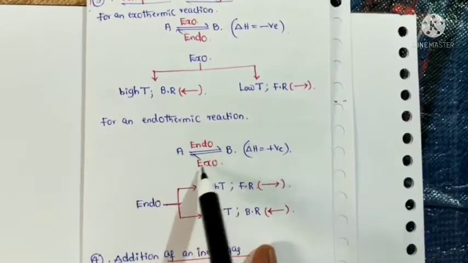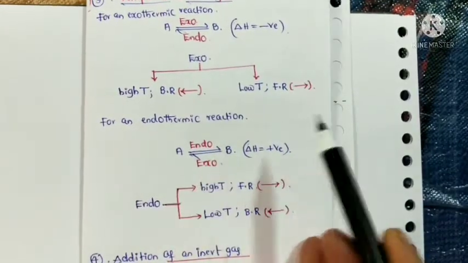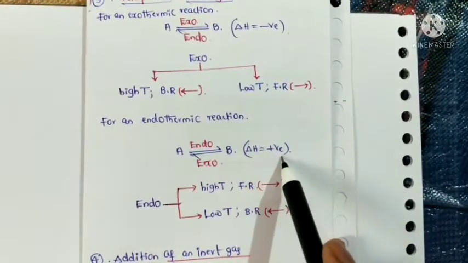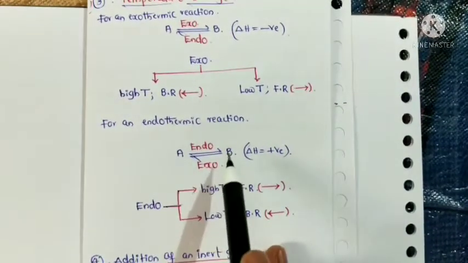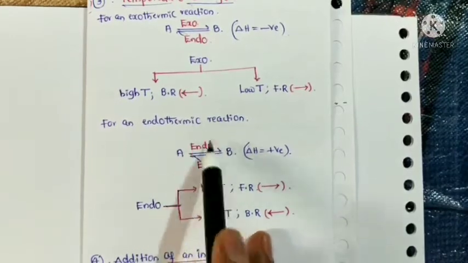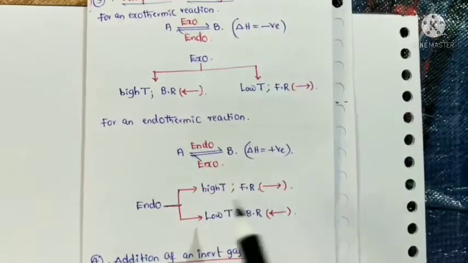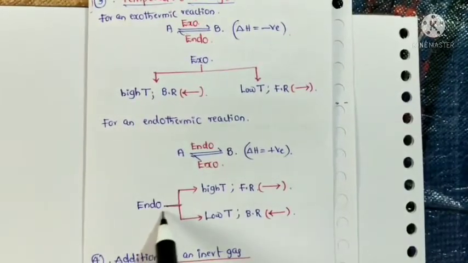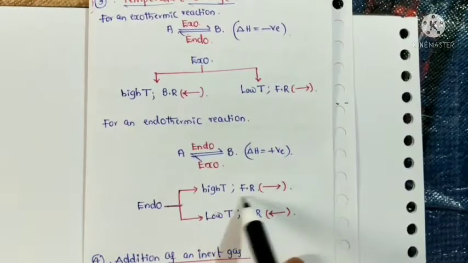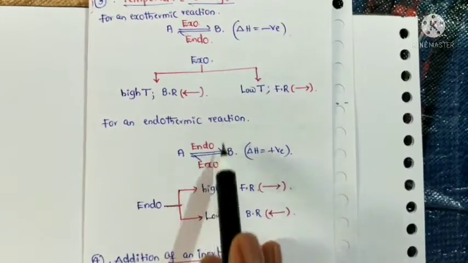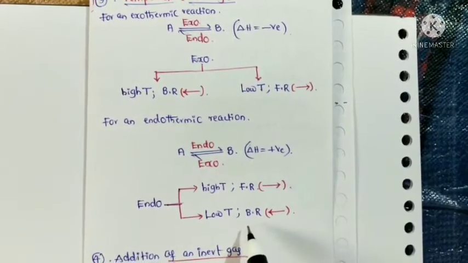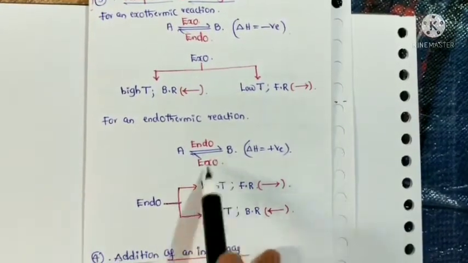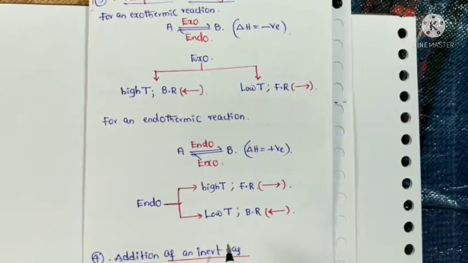For an endothermic reaction, because the delta H value is positive, the forward reaction is endothermic and the backward reaction is exothermic. In endothermic situations, high temperature is favorable for the forward direction because it is an endothermic process. Low temperature is favorable for the backward, exothermic reaction.